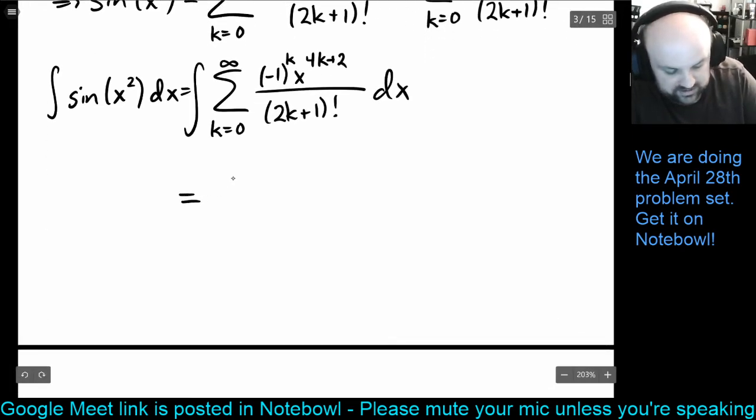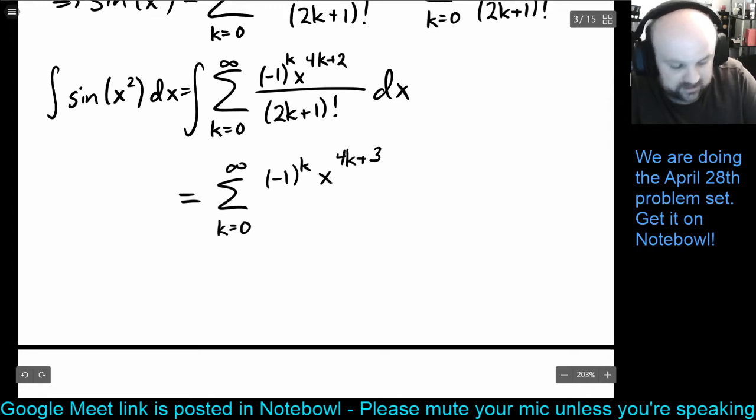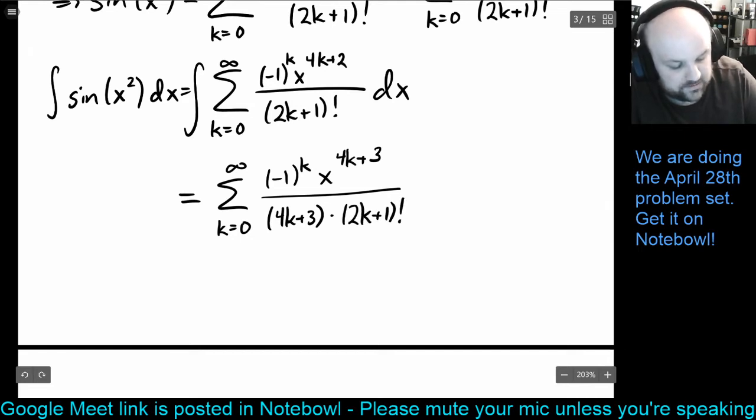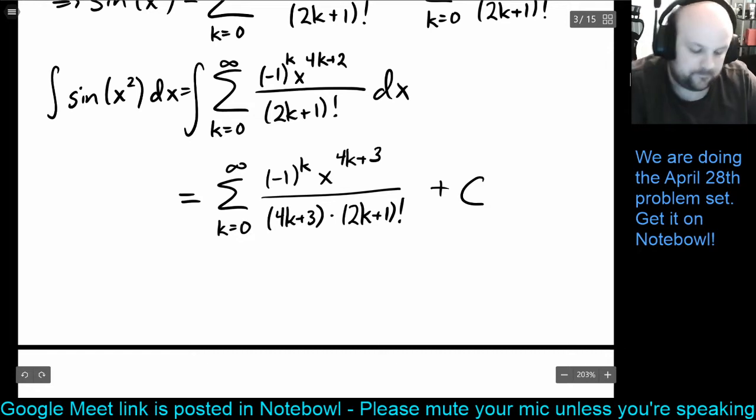So we're going to get the sum from k equals 0 to infinity of (-1)^k x^(4k+3) over (4k+3)(2k+1)!, plus C.